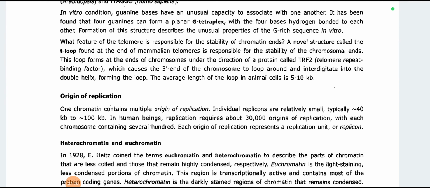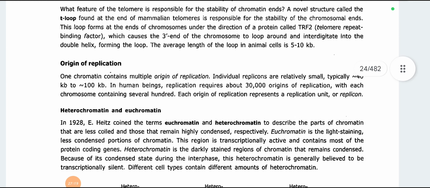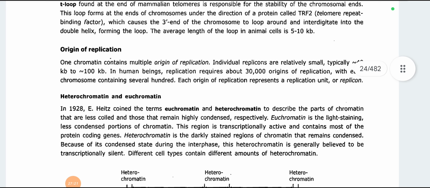So this T loop is found at the end of the mammalian telomere and is responsible for the stability of the chromosomal end. This loop forms at the end of the chromosome under the direction of a protein called TRF2, telomere repeat binding factor, which is present at the end and forms the loop.